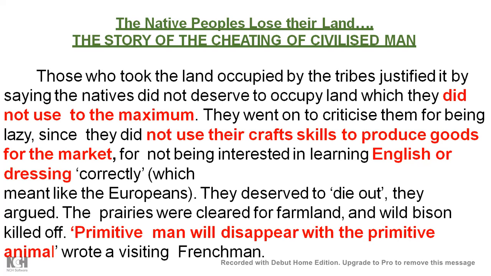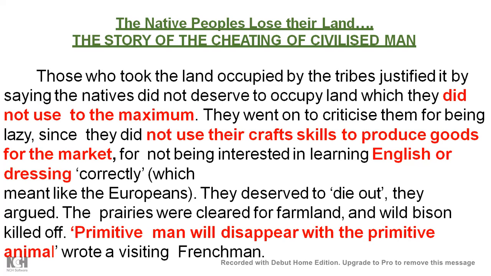They were also told, you are very lazy people, you never know about craft skills, how to produce goods for the market, you never know about English, you were not dressing in a proper way, so you deserve to die out. And they argued the prairies were cleared for farmland.